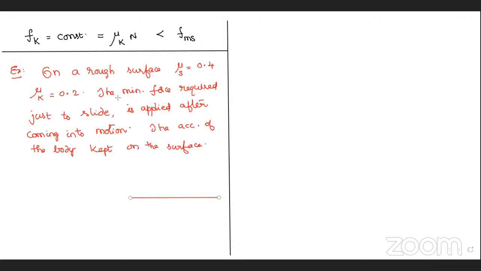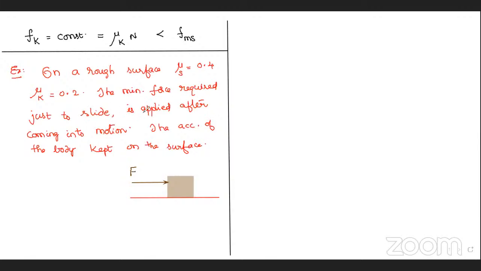Why he gave both, we don't know. He is saying the minimum force required just to slide, so he is trying to slide something on the surface. Something is placed on the surface and some force is applied. This is the applied force, capital F.